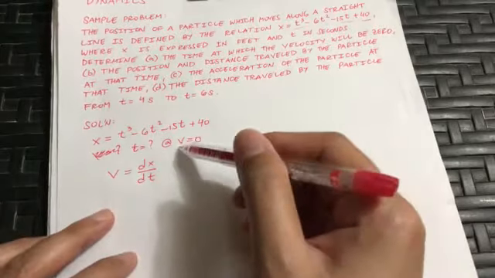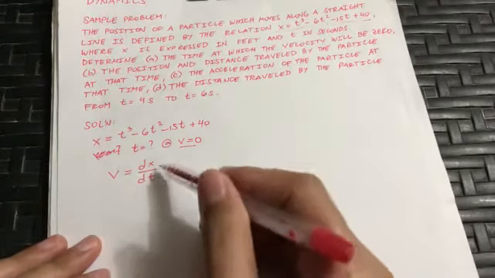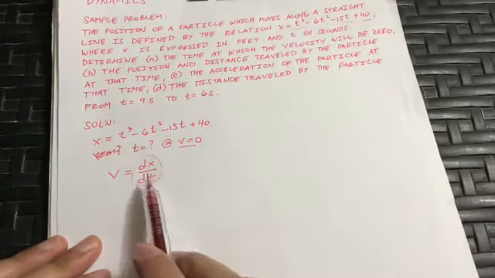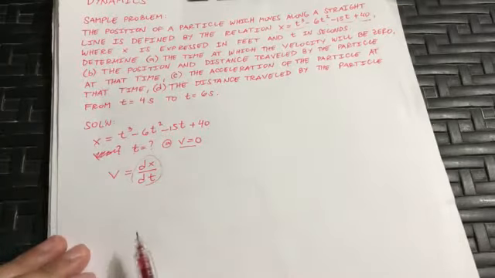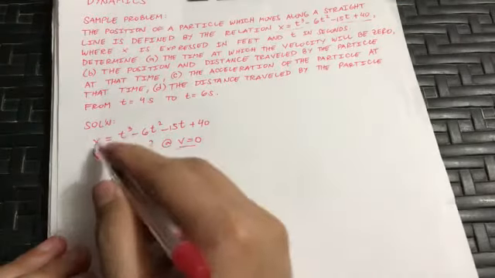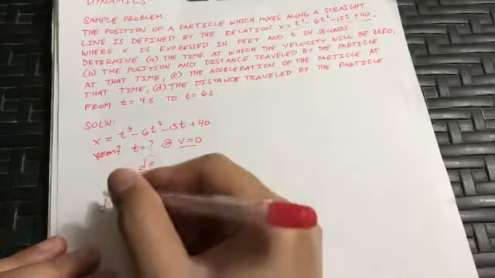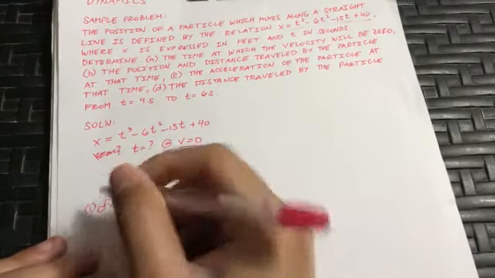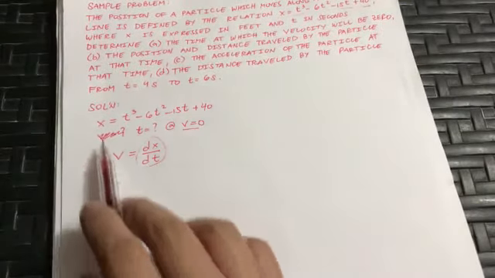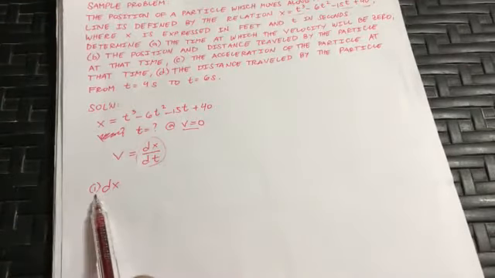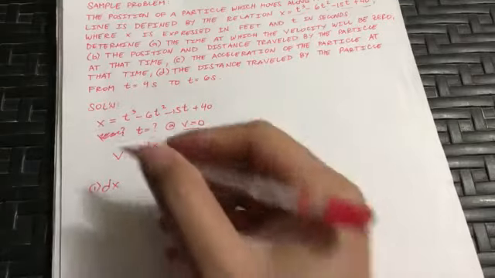Therefore, to get an equation of v that has a t, we simply need to obtain dx over dt. We need to derive the position with respect to time. The derivative of x is 1, so we have dx.